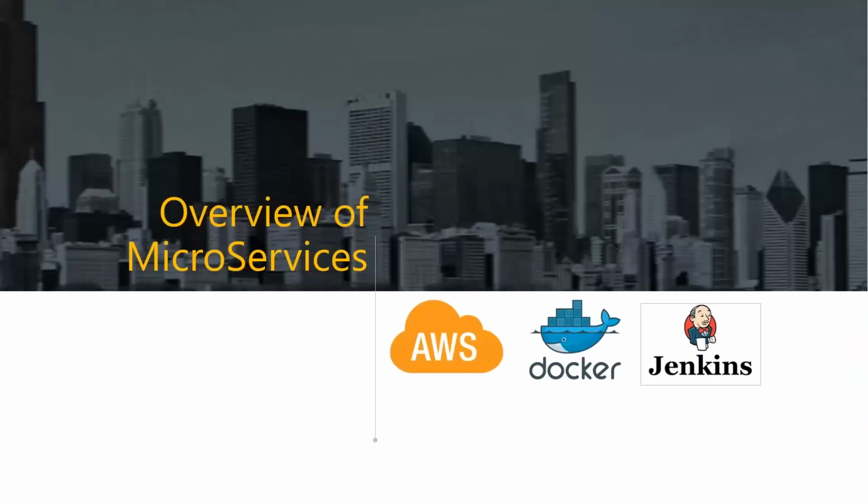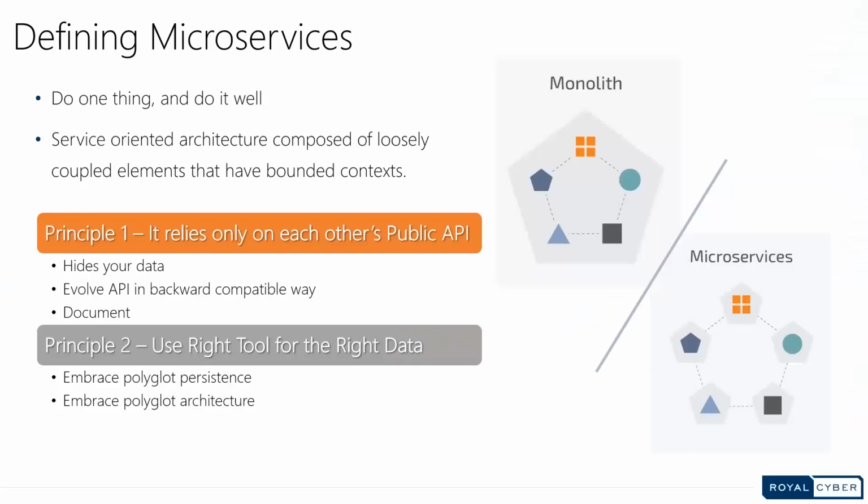Now that we have seen how to create containers and how to deploy them in ECS, let's quickly see what microservices are all about. In contrast to a monolithic application, microservices are primarily created to concentrate on just one thing and do it well. They are basically a service oriented architecture composed of loosely coupled elements with bounded context. Microservices have their own public API through which they talk to each other.